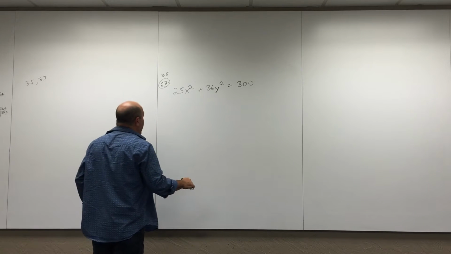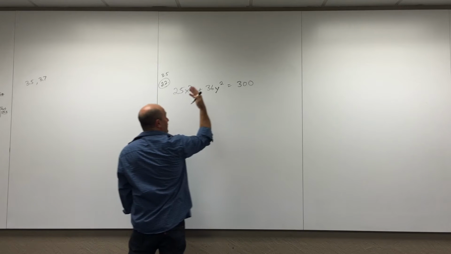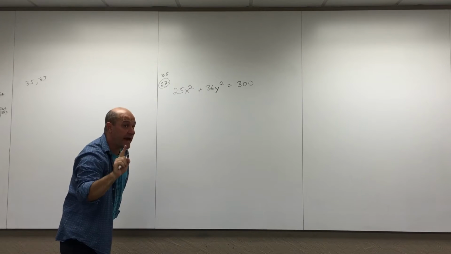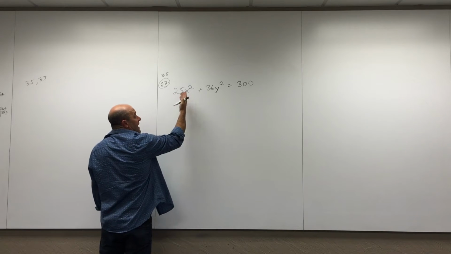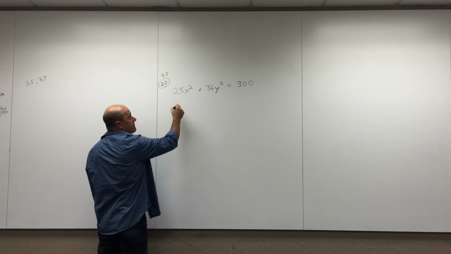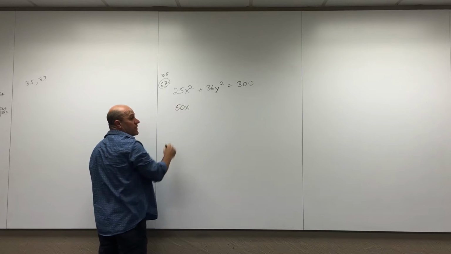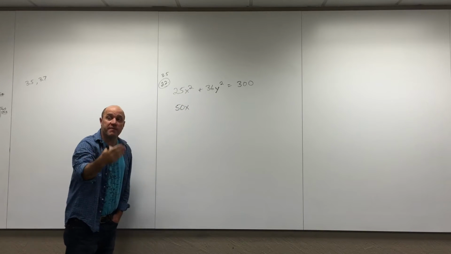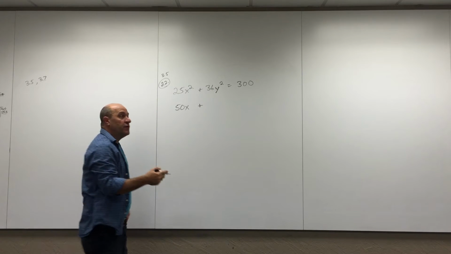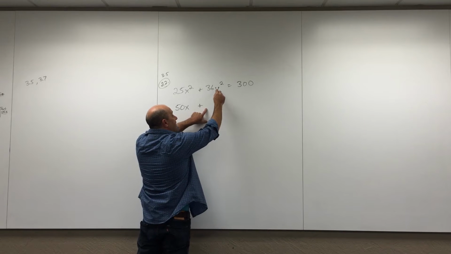We learned that you start doing derivatives with respect to x. When you do an x term, you do it the old normal way. But because you're doing the derivative with respect to x, when you do a y term, you have to treat y as a function of x.